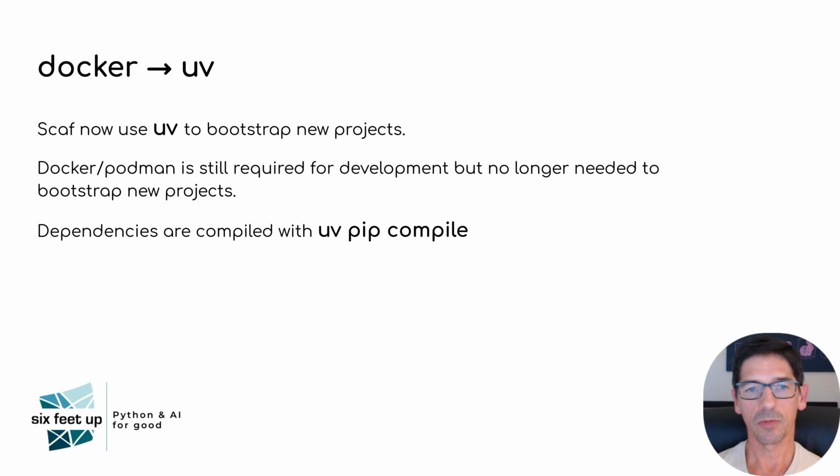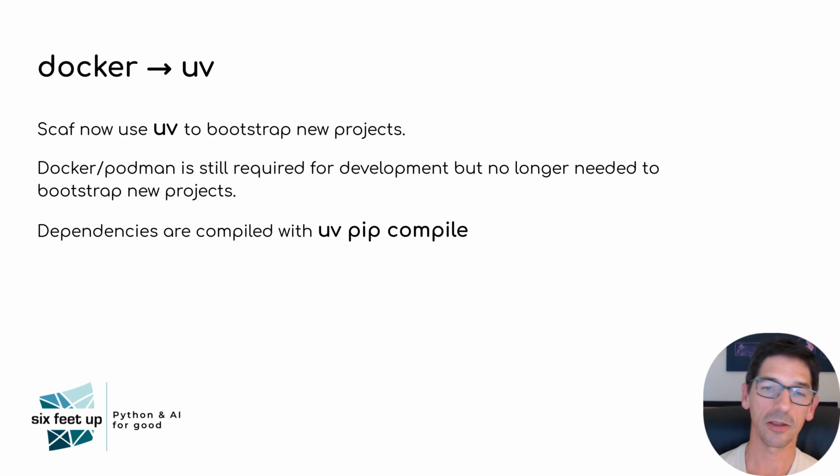But UV has been a revelation and a revolution in the Python world, and we replaced Docker and switched to UV to bootstrap new projects because it essentially guarantees the same kind of stability and reproducibility that Docker gave us.